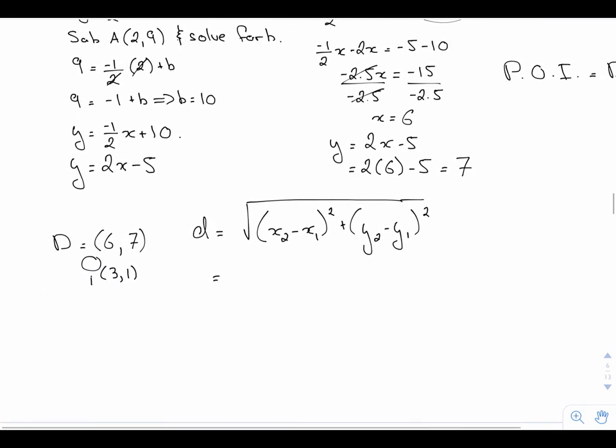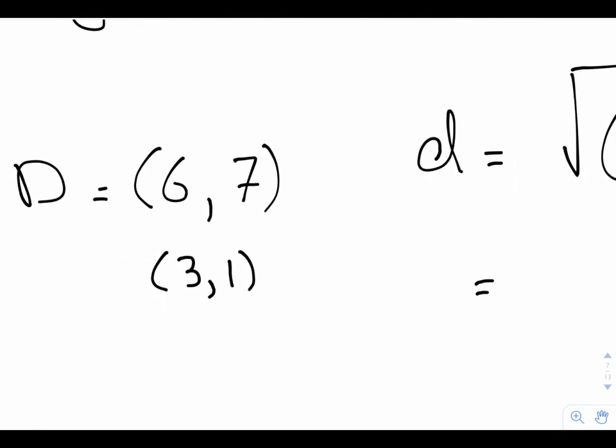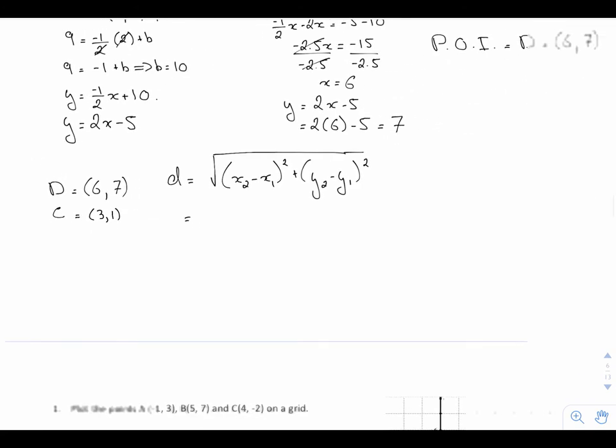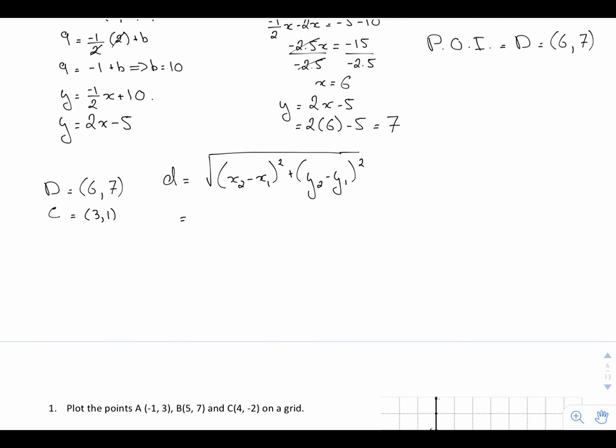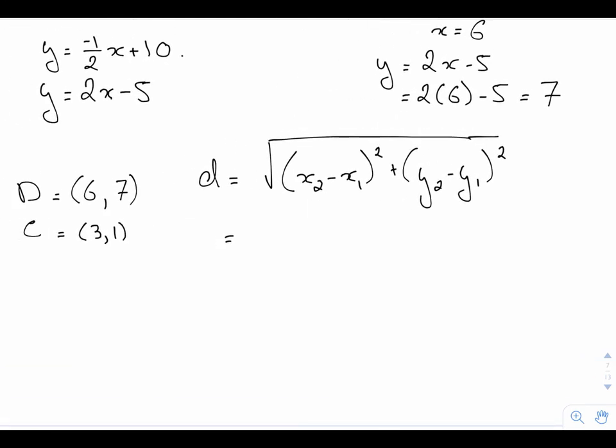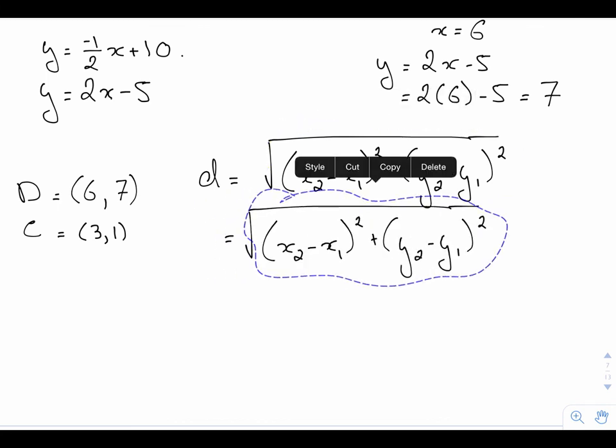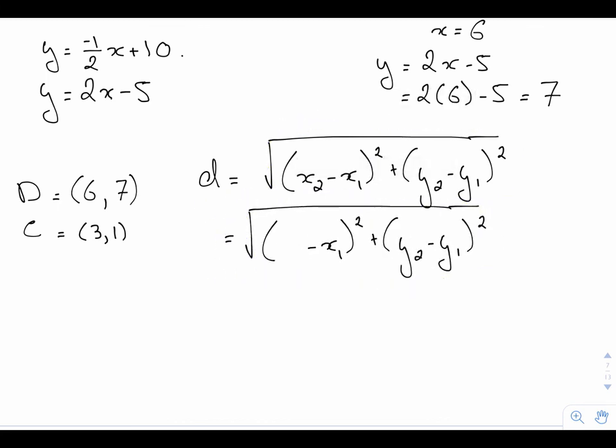Clean it up a bit. So here's my C value, and I can put my points in. I'm going to copy this whole formula because I need everything except I'm going to change the variables. I'm going to take out x2, x1, y2, y1 and replace them with numbers.